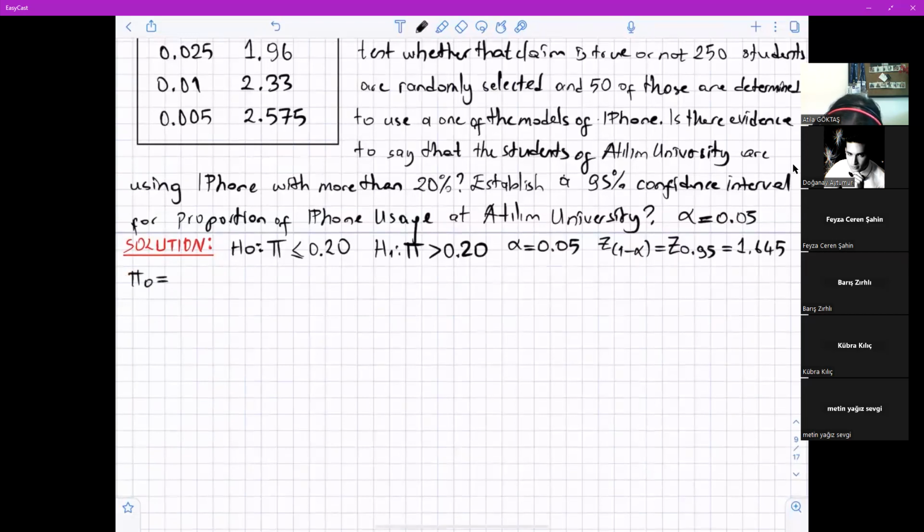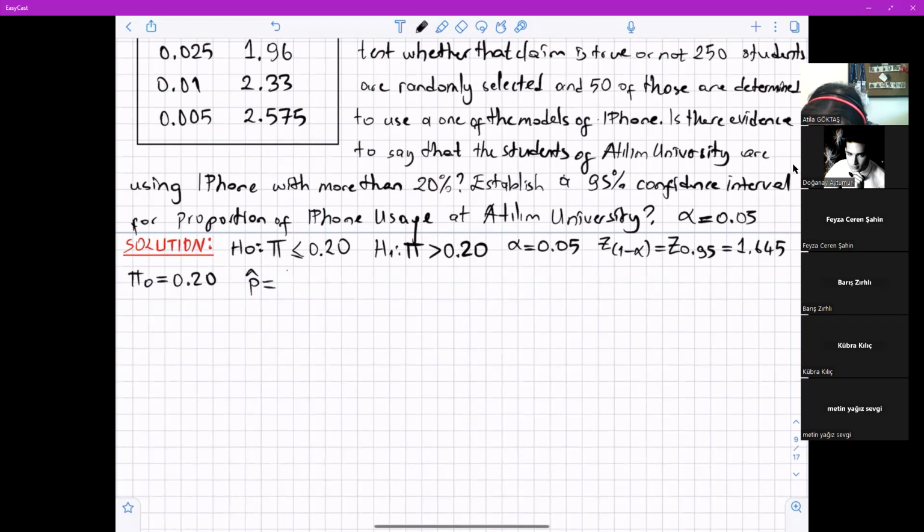Another thing is we need to determine the sample proportion. The pi null is already given, 0.20. You have picked 250 students, and you ask whether they are using one of the models of iPhone, and you found out 50 of them are using an iPhone model.